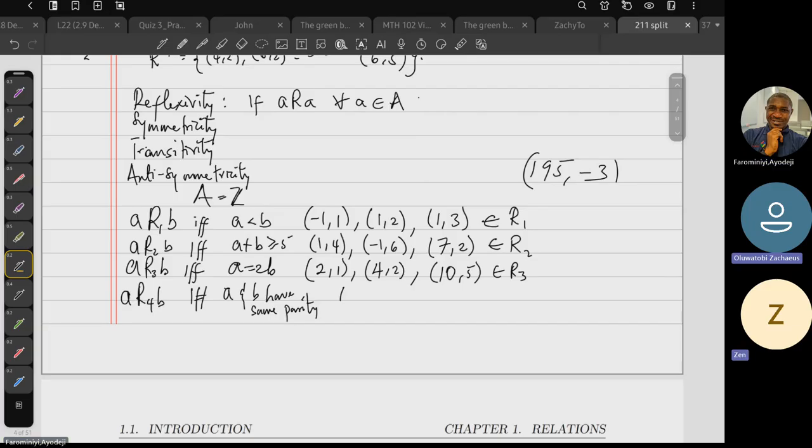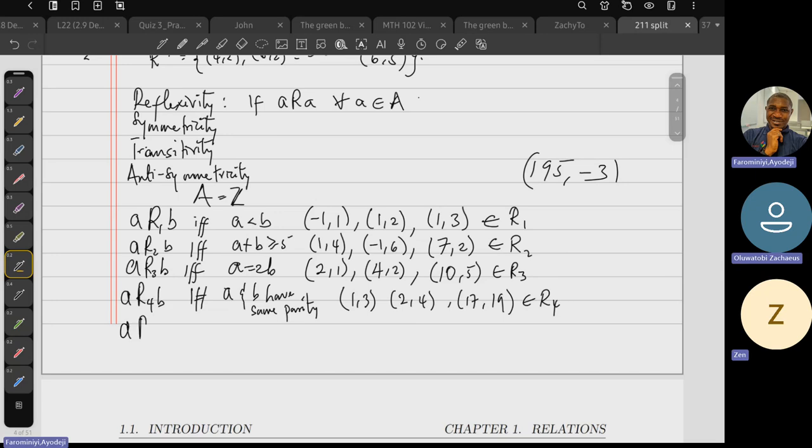So can you give me examples? 1, 3. 2, 4. We have 7, 9, 7, 7, and so on and so forth.